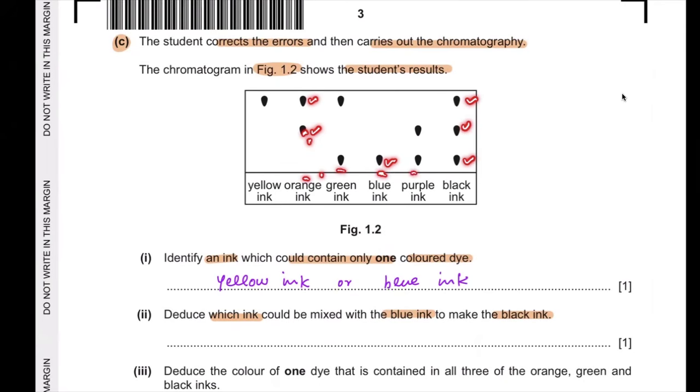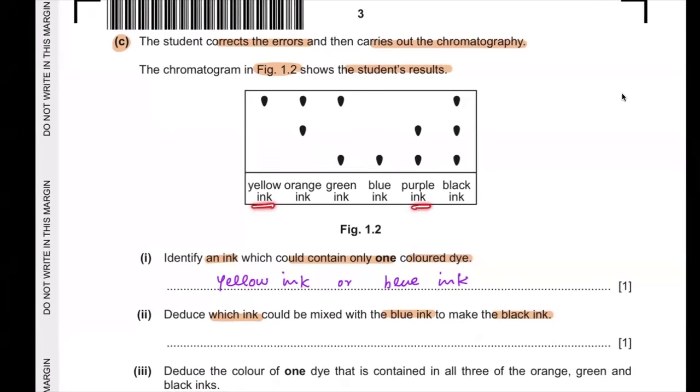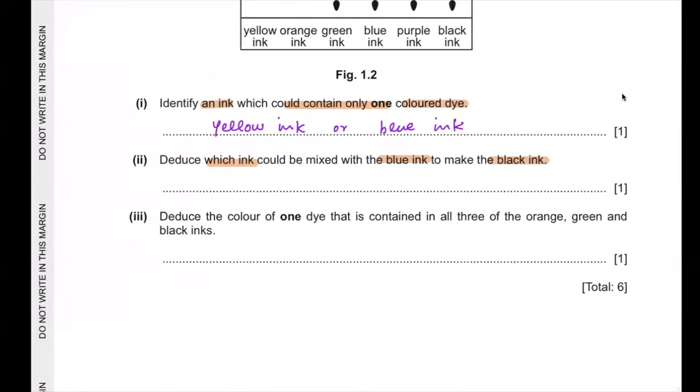No, we can't use green and purple because see, the purple and the green both have the same spots overlapping with each other, right? Yes, we can go for a purple and the yellow ink. That can be a correct answer. Or the other option would be that we can go with the blue and orange. Okay. So any one possibility can be considered as correct.